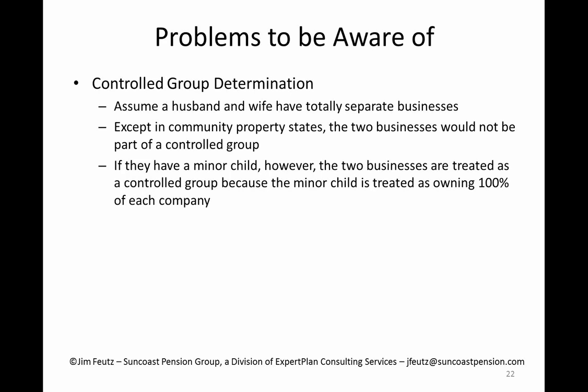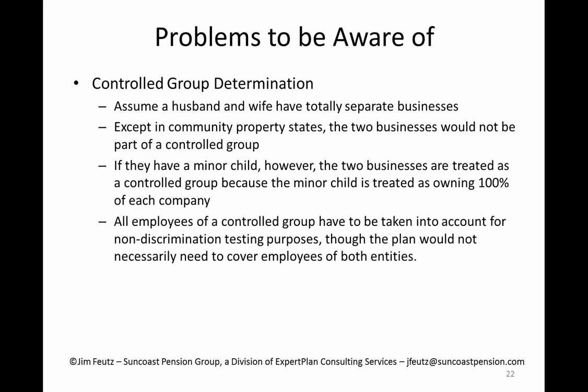If they have a minor child, however, the two businesses are treated as a controlled group because under attribution rules, the minor child is treated as owning 100% of each company, and therefore you have one person, the minor child, who owns 100% of the two companies, and they're a controlled group and have to be, all the employees of both have to be taken into account.